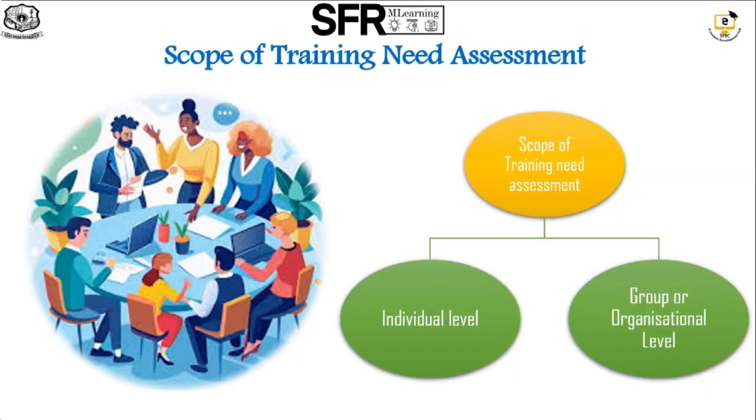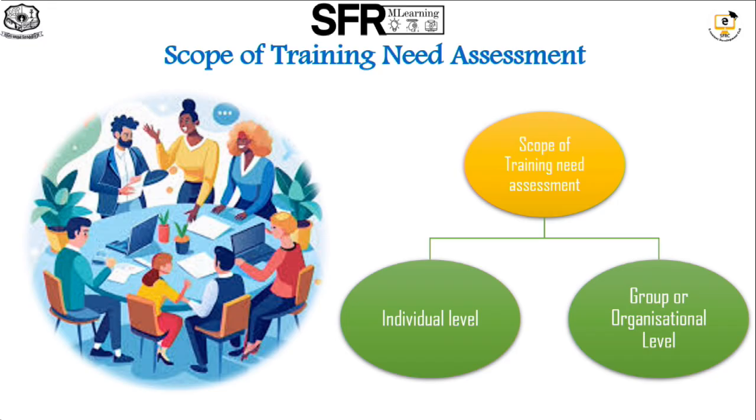Scope of training need assessment. It typically occurs at two levels. First one is individual level. Individual assessment evaluates an employee's job performance and gauges their ability to take on a new or varied task.